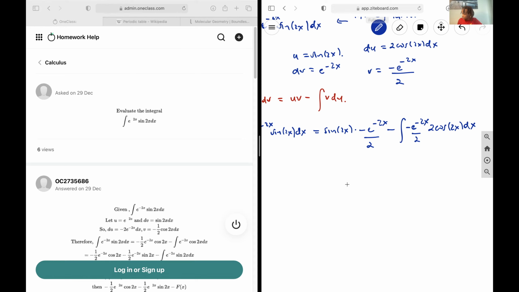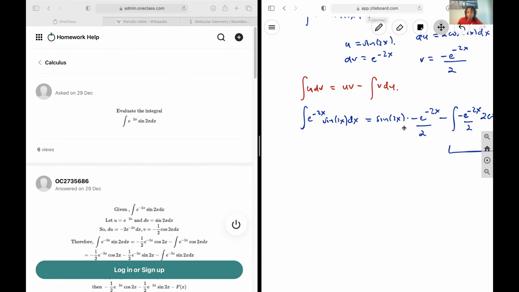Okay, and so now that we have this, we see that this is another integral that we're going to have to figure out. And so let's go about finding all of this in a form where we don't have any integral, so we can just state that this is equal to this, basically.